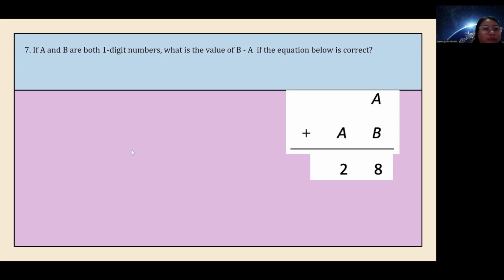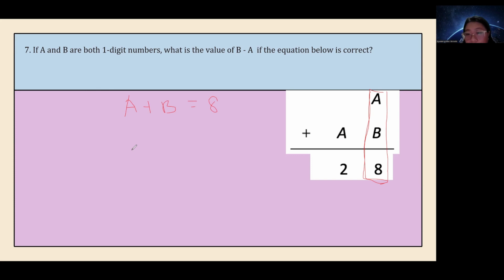And what do we do when we add our numbers in column? We always first look at the rightmost column, or the column where our unit digits would be, or the ones digit. So we can read this as A plus B equals 8.